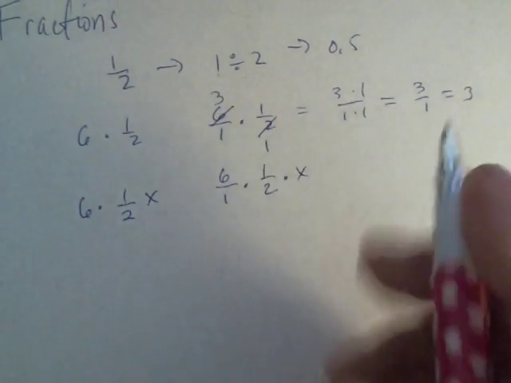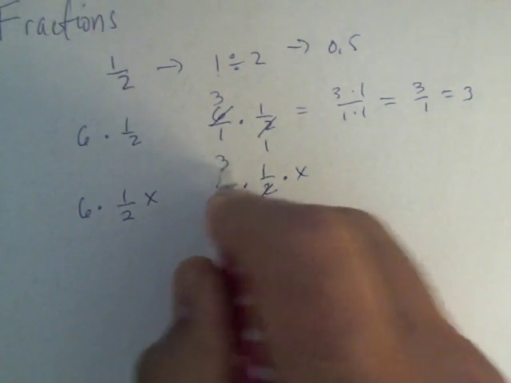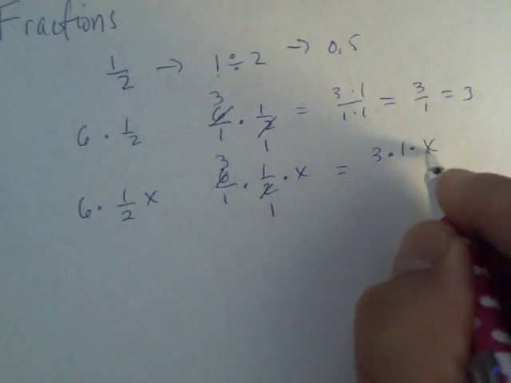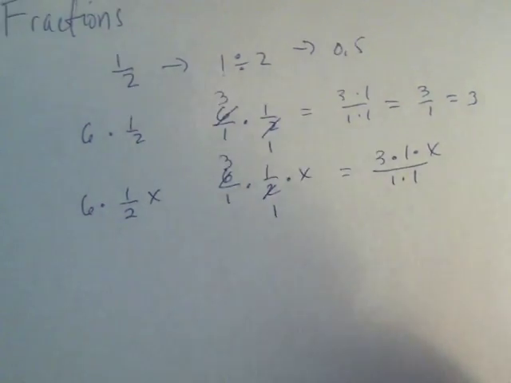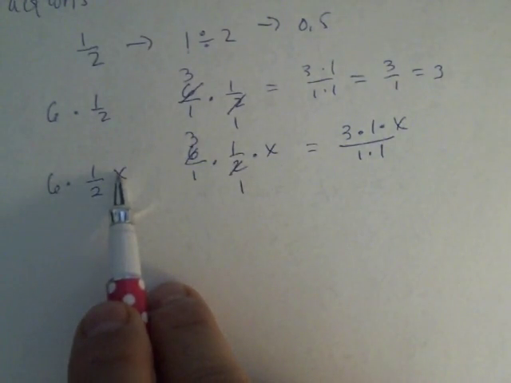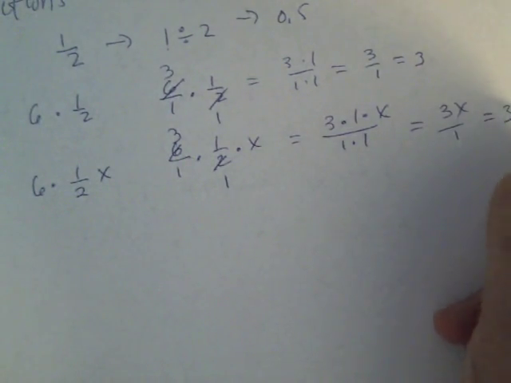It doesn't really matter. Because, again, if I take a 2 out of both of these, I'm left with 3 times 1 times x over 1 times 1. The x, or the number always outside of a fraction, is multiplied by what's in the numerator. So this gives me 3x over 1, but we just write it as 3x.